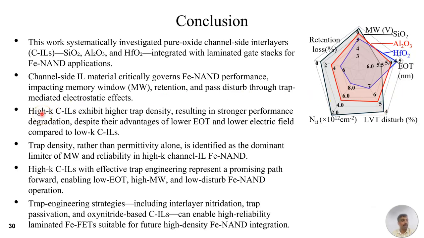Further, high K CIL reduces the EOT, but it increases the trap density as we saw previously. And trap density rather than permittivity alone is identified as a dominant limiter of memory window. What it means is that even if the electric field across the CIL is low, if the trap density is higher, then trap density will dominate the reliability of Fe NAND.